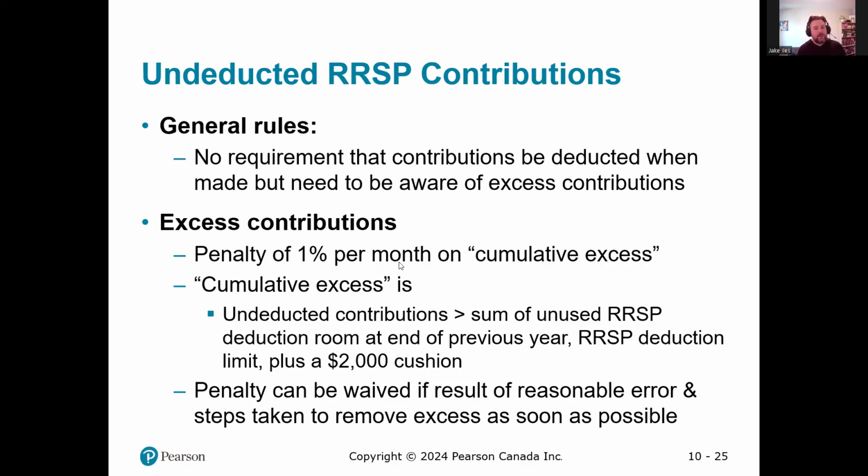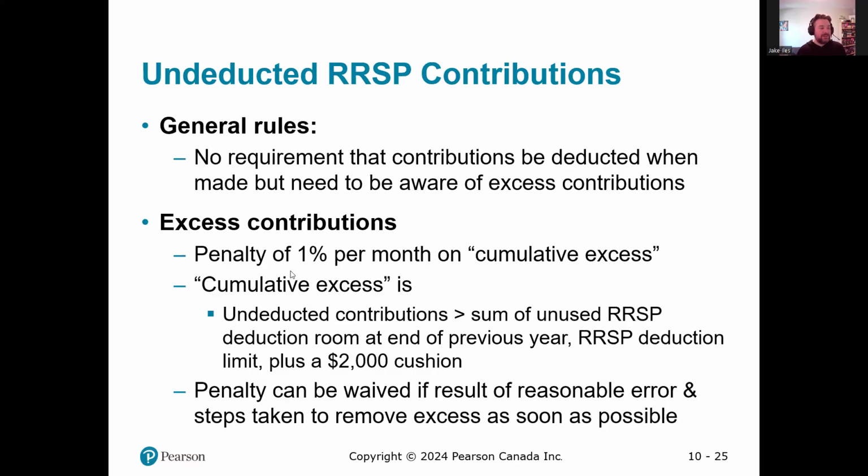The reason it's 1% per month is because getting above a 12% return is actually pretty difficult on the market. Some people do, some people make 15, 20, 30%, but most people, when they're investing, make 3 to 10% returns.